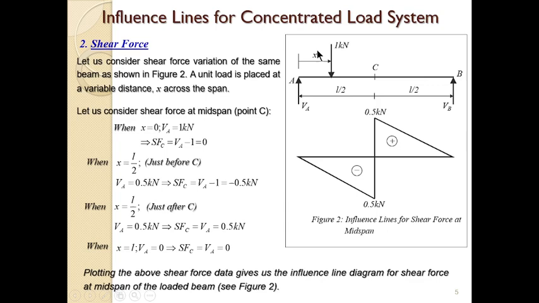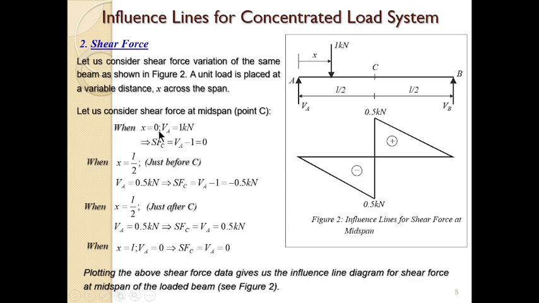That's why we make this place X. Let's start getting the information so that we can plot the influence line for shear force. Shear force is always calculated at a particular point. So we want to draw the influence line for shear force at midspan C.